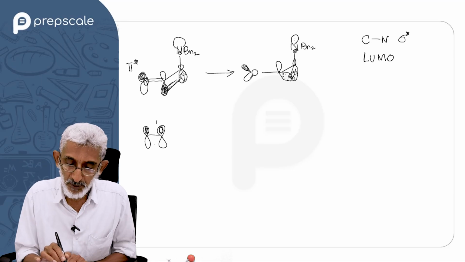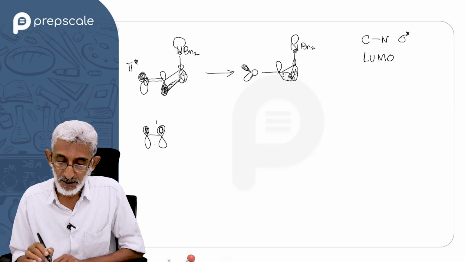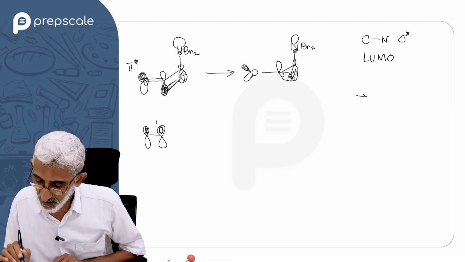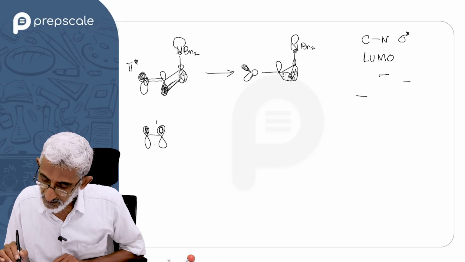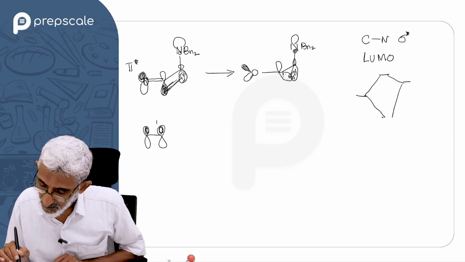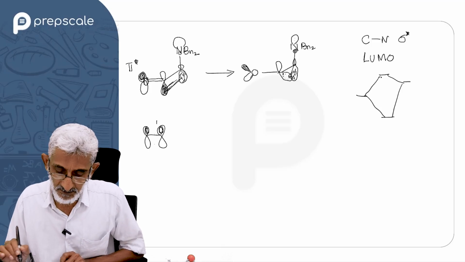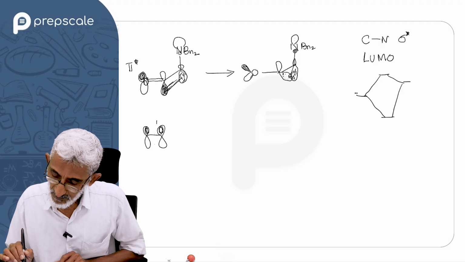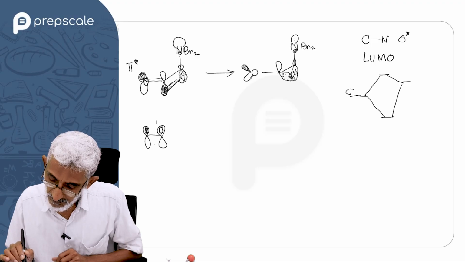Which is the LUMO? The pi star orbital of the CO group is the LUMO. So the pi star orbital of the CO group will have lower energy. See, for example, like this. This is the CO LUMO.